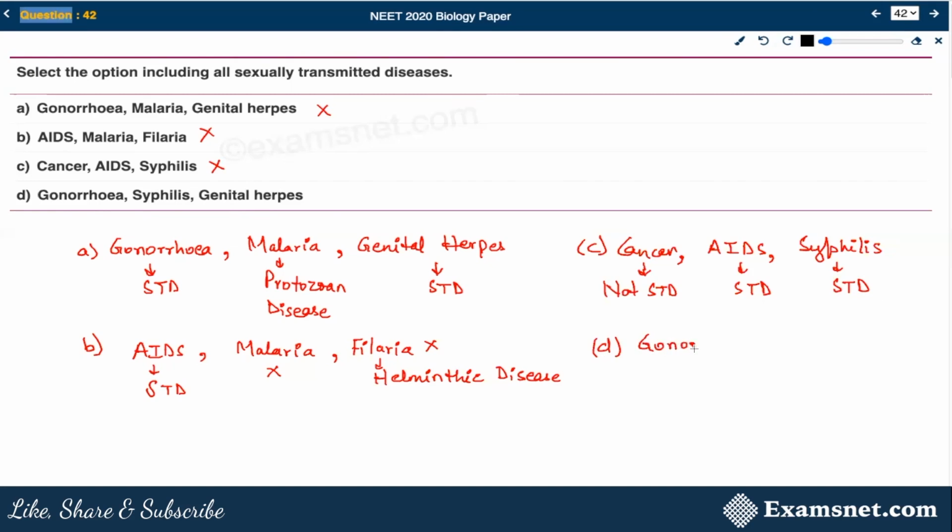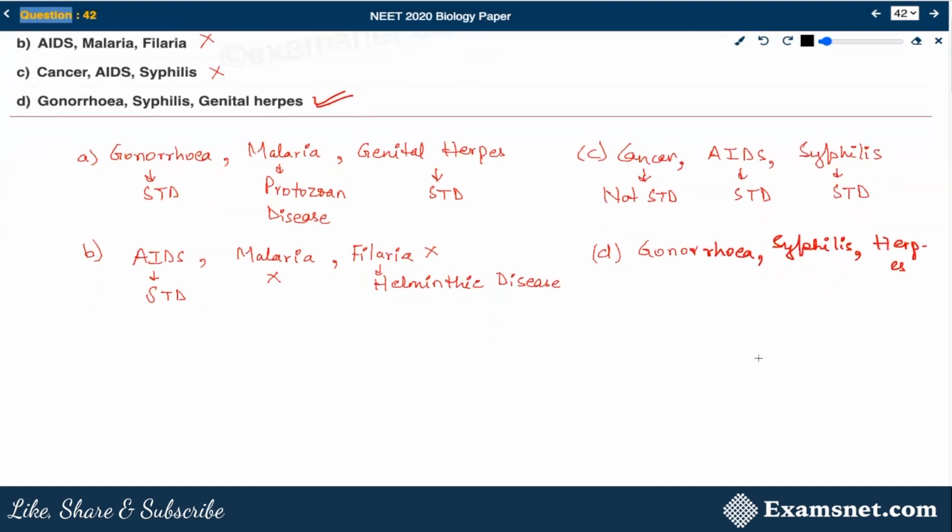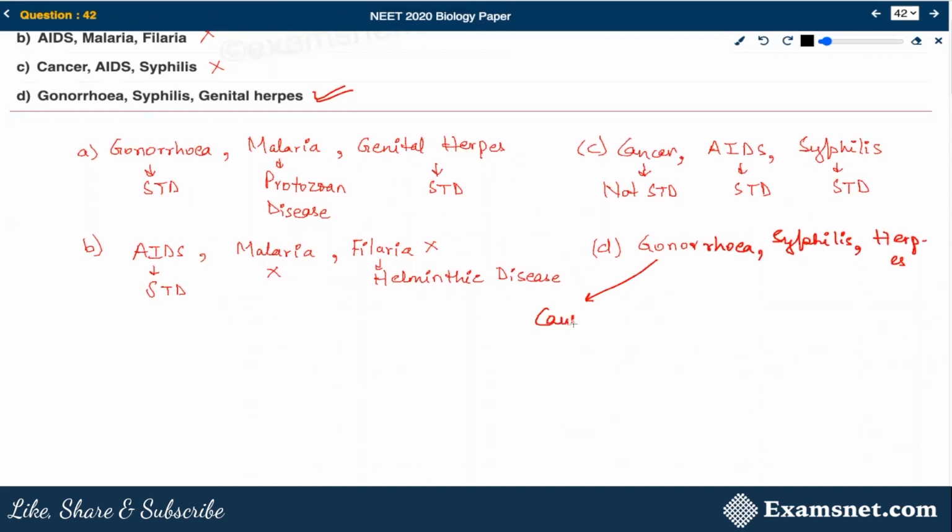So this is the correct combination of sexually transmitted diseases. Gonorrhea is actually caused by a bacterium called Neisseria gonorrhoeae. Then syphilis is caused by Treponema pallidum. This is again a bacterium.